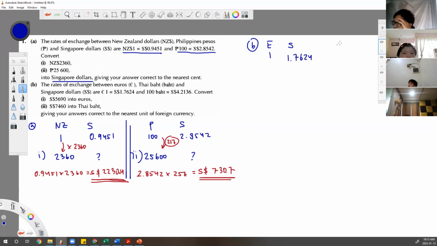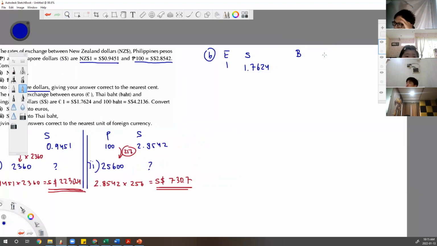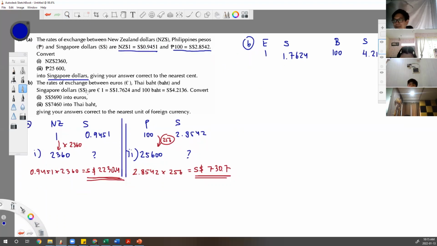And 100 baht is Singapore dollar 4.2136, right? And then convert to euros. Jadi Singapore dollars ini to euros. 5690 di sini, cari berapa euro.